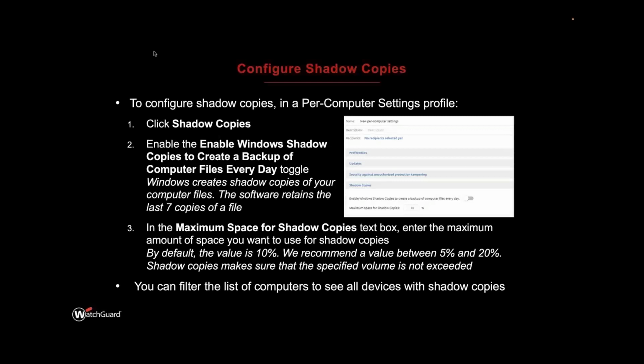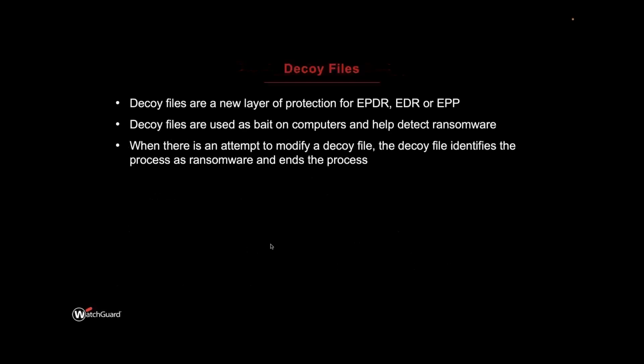This improvement goes without saying is part of EPP, our antivirus delivery, EDR, and EPDR. So any of the products in the WatchGuard endpoint security portfolio that we looked at will have this feature.